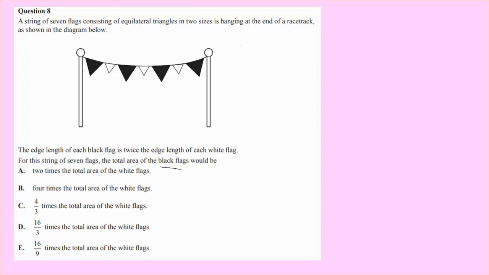So I've got a black one and a white one, and this length is twice as long. So I'm just going to call that 2, and I'm going to call that length 1. So K is 2 over 1. So I need to compare areas, so I need to find K squared.